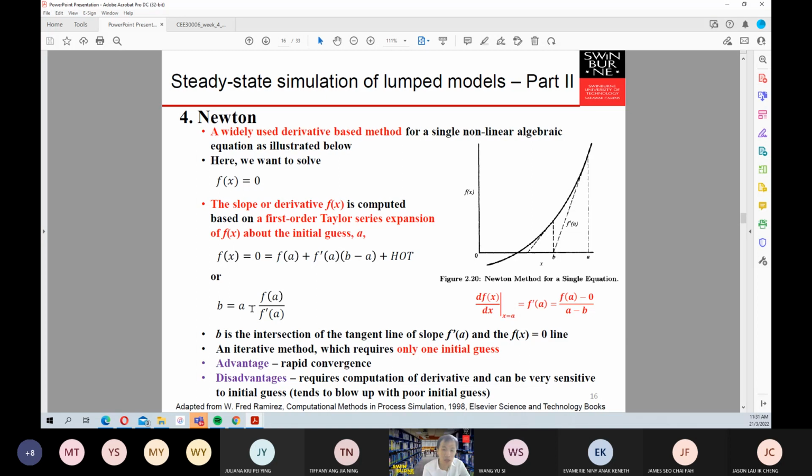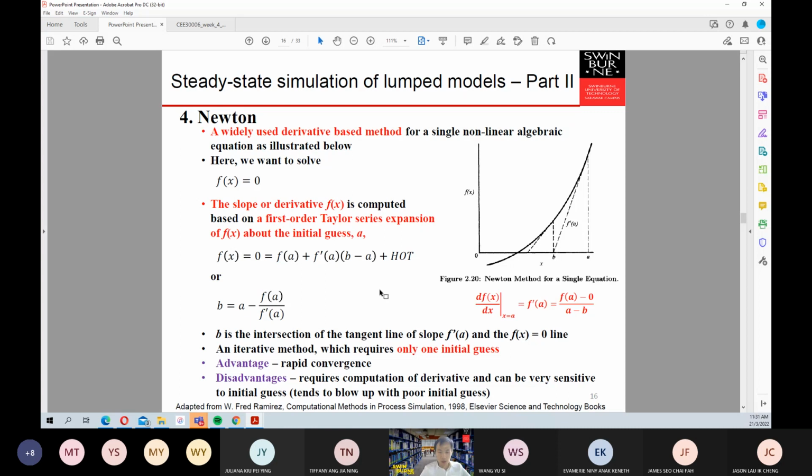Then what you get is the increment between here and here, so that b is equal to a minus f(a) divided by the slope at a. This method has been very widely used in modeling and in many other simulations, if you are dealing with a nonlinear equation.